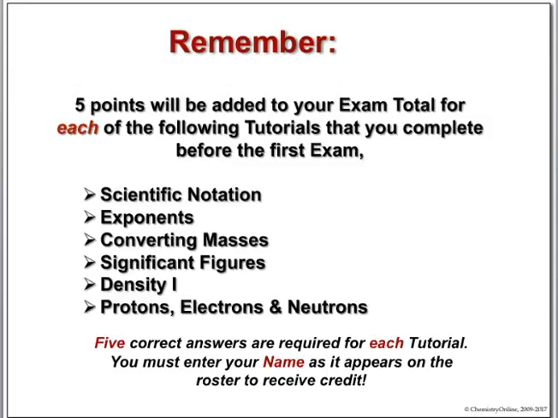You can only get credit for scientific notation one time. So even if you do it lots, don't send it to me every time. I just have to figure that out. But we have 1, 2, 3, 4, 5, 6.